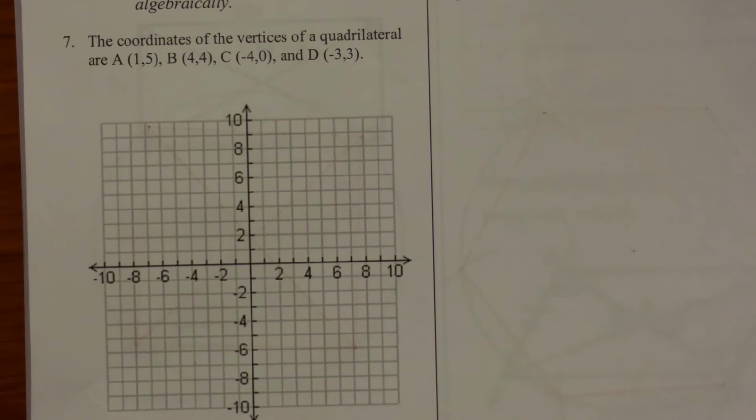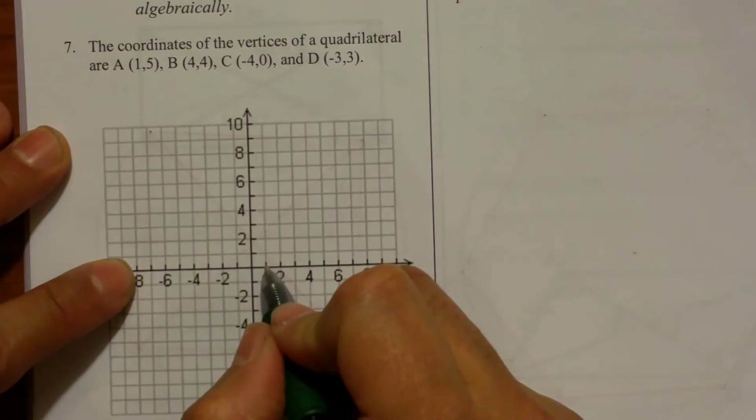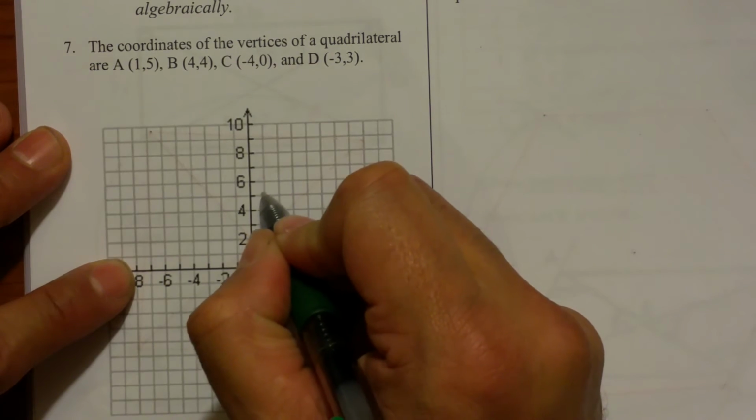Now for number 7, it says coordinates of the vertices of a quadrilateral are given. So I'm going to put my points. That red pen was dying on me, so I don't want to use that one because it was bleeding everywhere. A is at 1, 5. So 1, 2, 3, 4, 5.